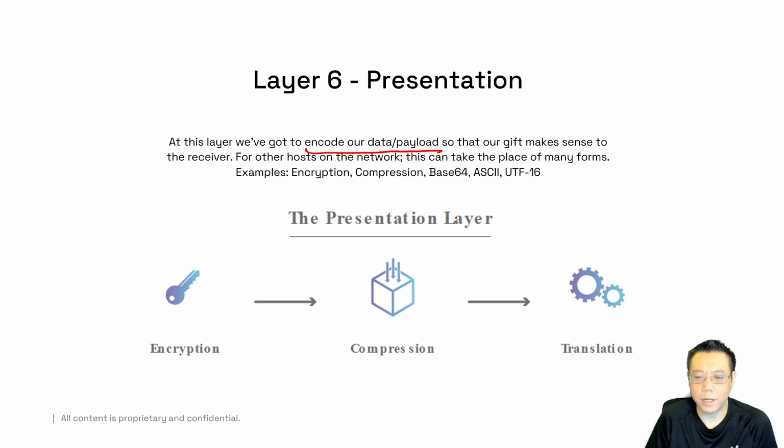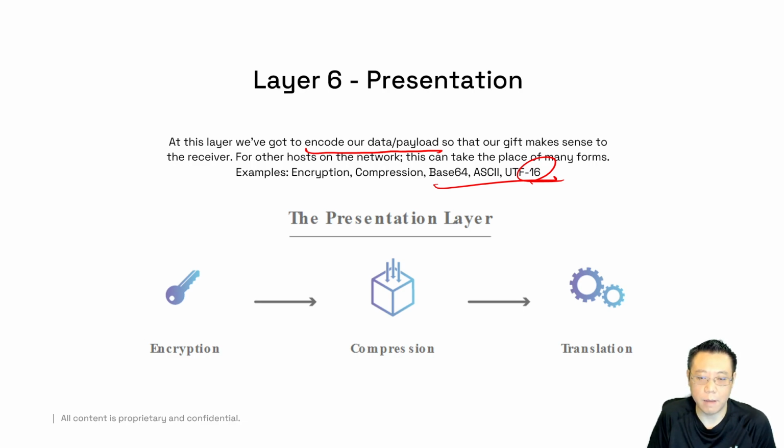So whenever you think of presentation, think of how data is presented to the receiver, how it needs to be formulated. Other examples include compression, encryption, and then there's other encodings that computers speak about all the time. Base64, ASCII, which is the American standard of coding here, and then the Universal Transformation Format of 16 bits for all these codified versions of how we represent characters today.